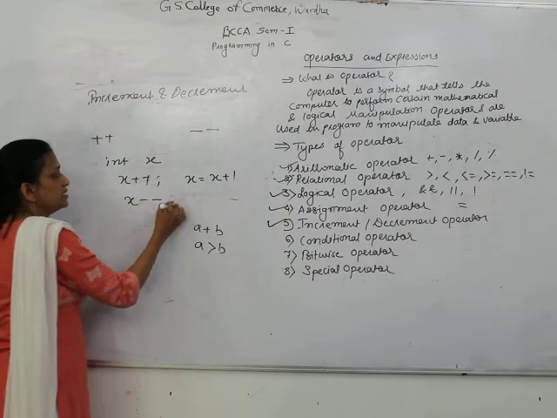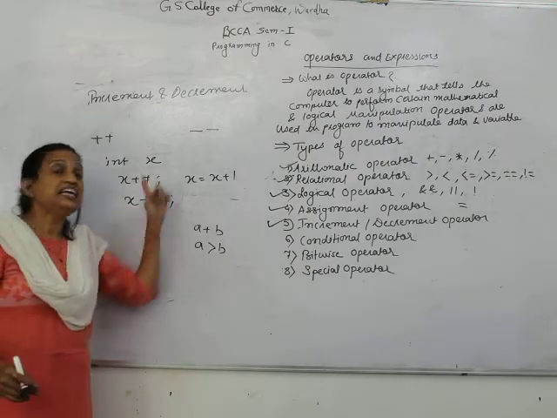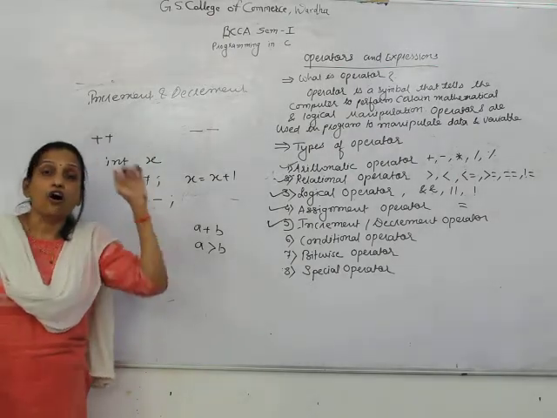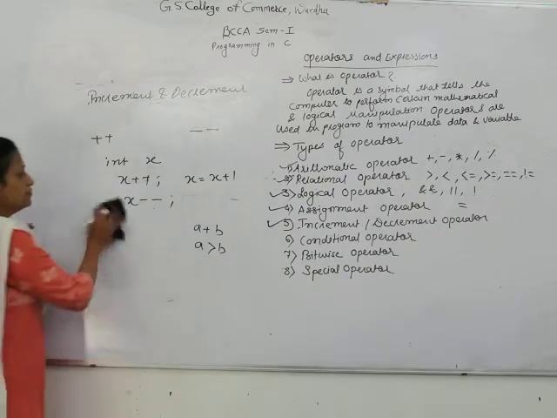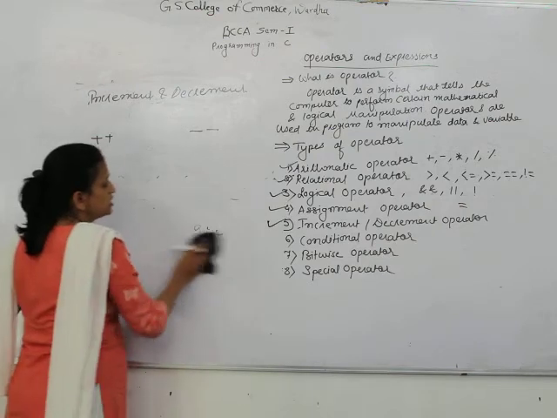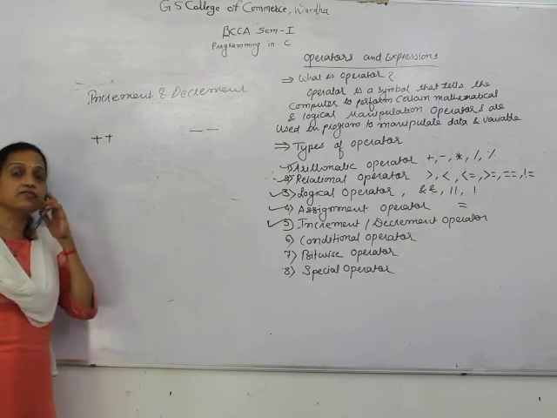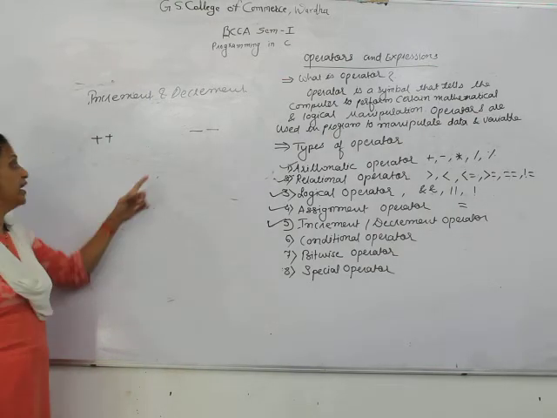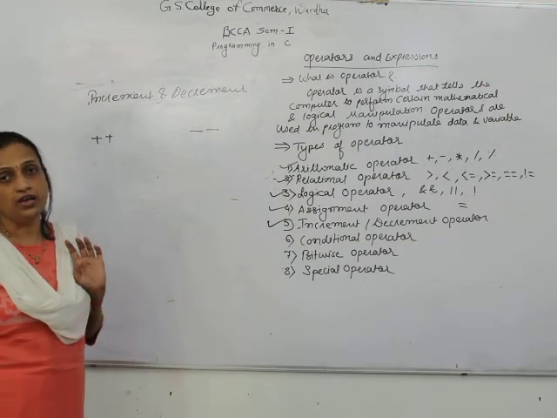It will decrease the value of x by 1. So the increment operator increases the value of the operand by 1 and the decrement operator decreases it by 1.